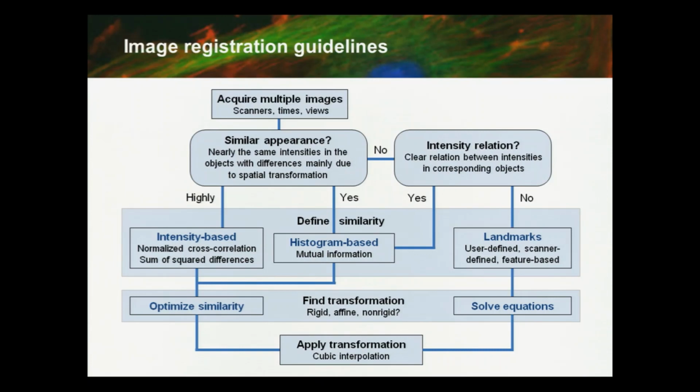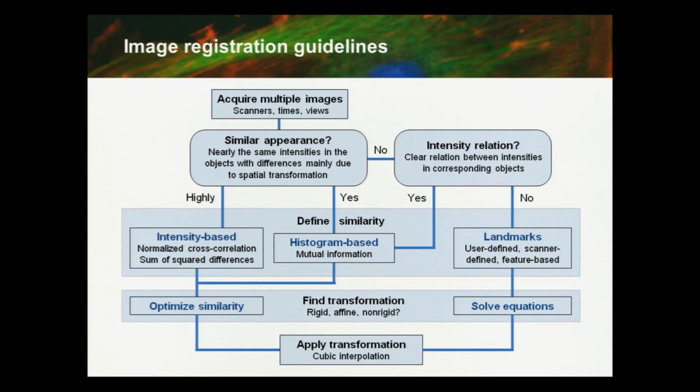If this is so, you could also still use histogram-based methods. If the intensities do not look alike, if there's no clear relation, or if they don't have the same distribution, then you have to ask yourself the question, is there still some kind of relation?